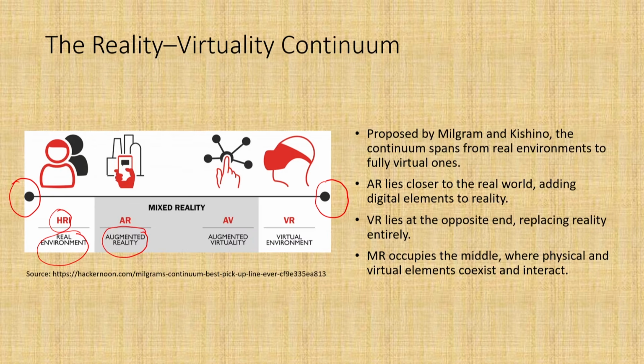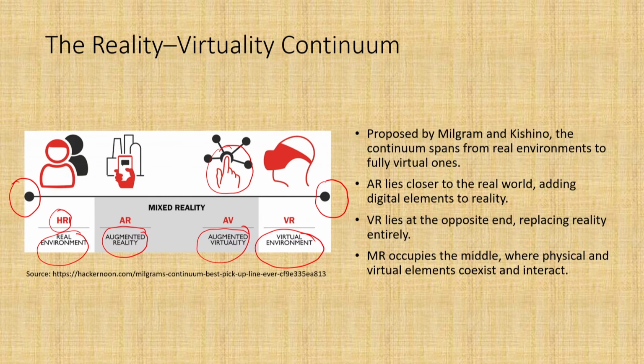If we then move into adding other elements such as touch, gesture, etc., we may go closer to the virtual environment, which may be then called AV or augmented virtuality, and the removal of complete presence in the physical environment gives you what is known as VR or virtual reality.